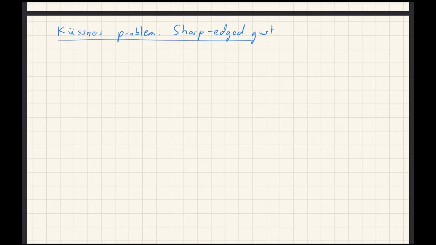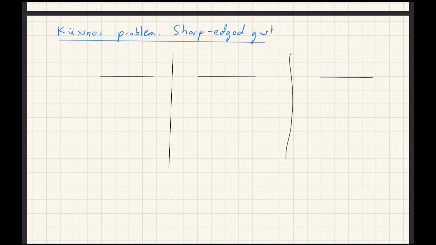So moving on, we will move to Kussner's problem. And that is the problem of a sharp edged gust. I'm going to sketch here what this problem looks like. So you have 3 instants in time.